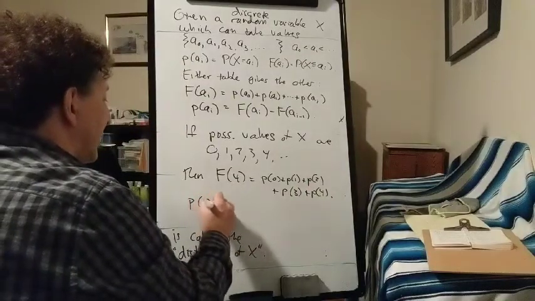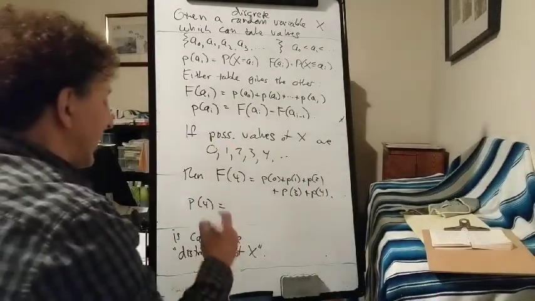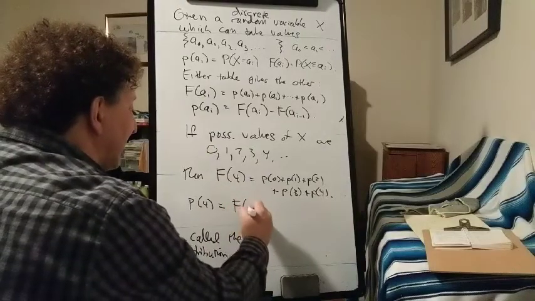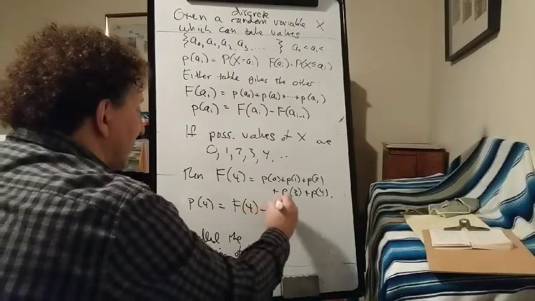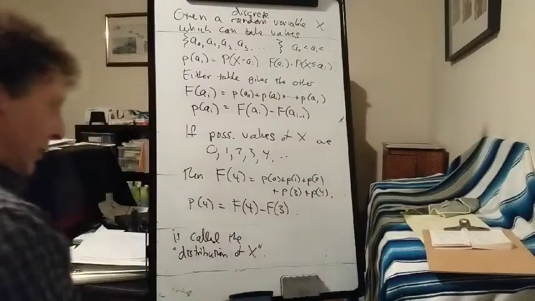And then probability of 4, if we're just given the F's, is going to be the probability that X is less than or equal to 4 minus the probability that X is less than or equal to 3.